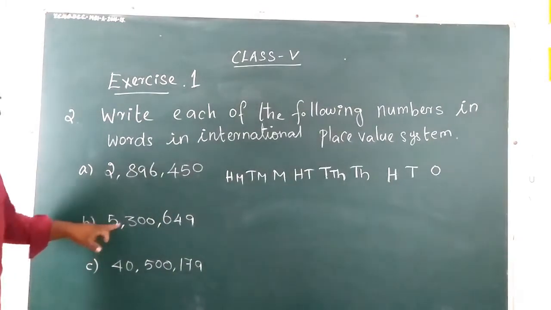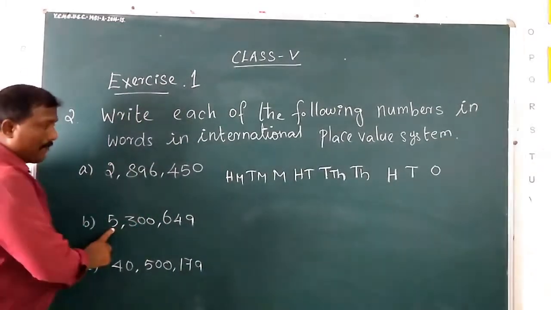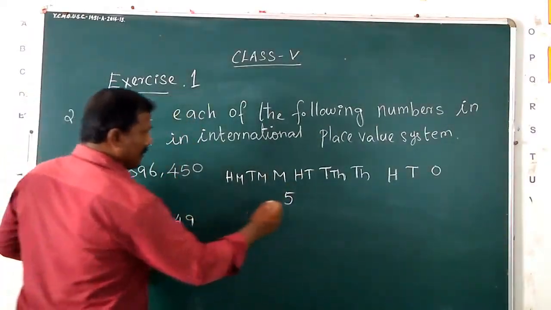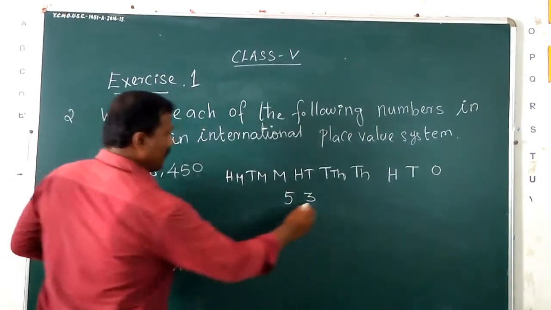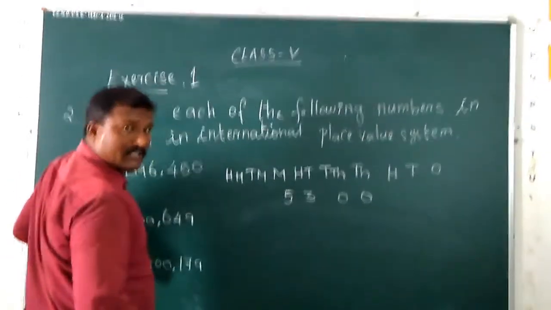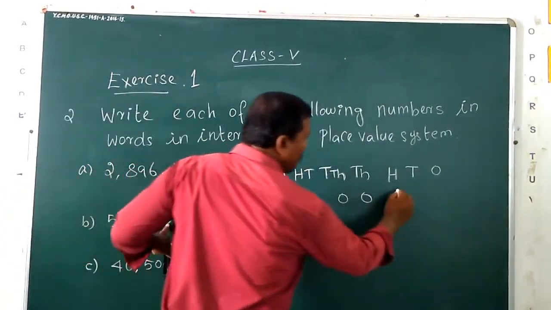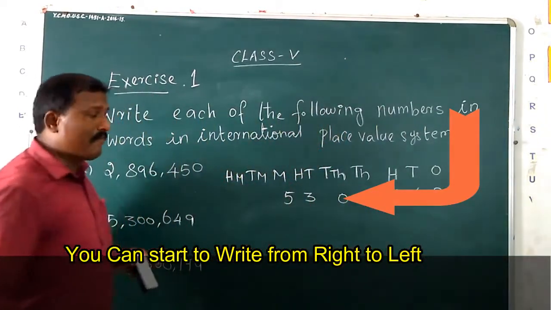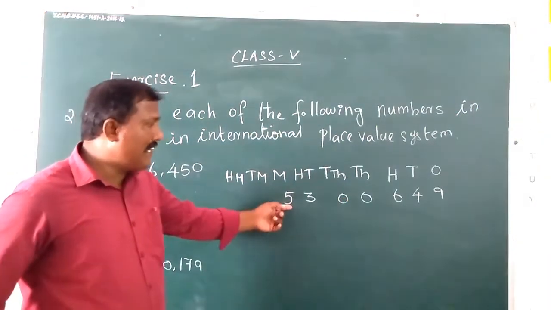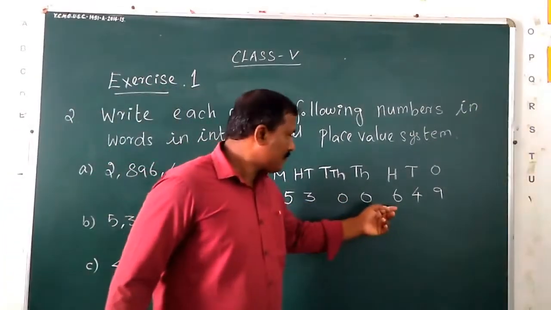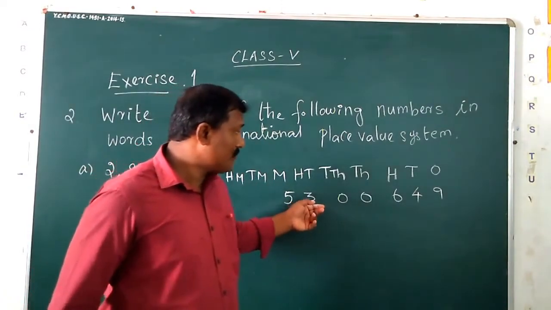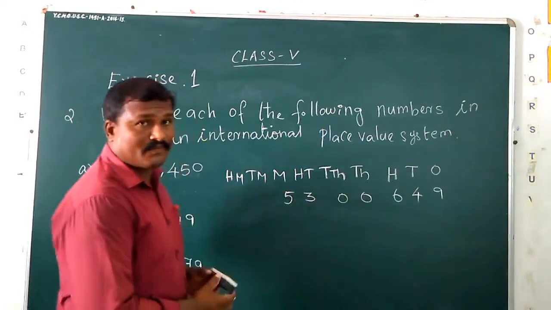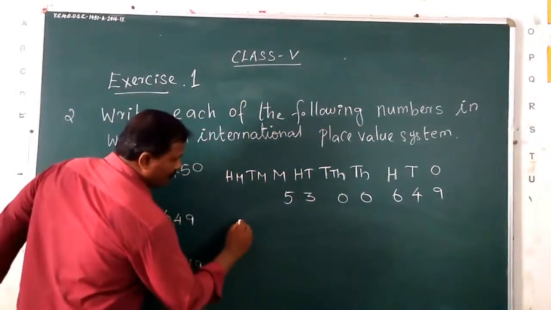So I will place the number into the table. 5 is the million place, so I put here 5 million. 3 is the hundred thousands place. Then two zeros in the ten thousands and thousands places, then 6 in the hundreds place, 4 in the tens place and 9 in the ones place. So how to read? 5,300,649.